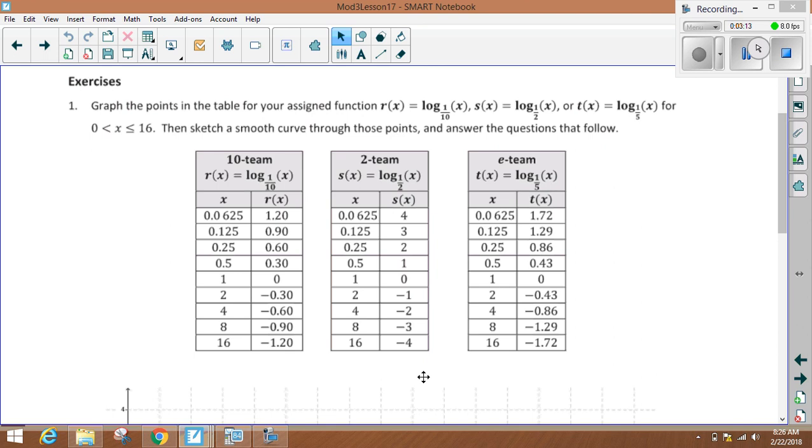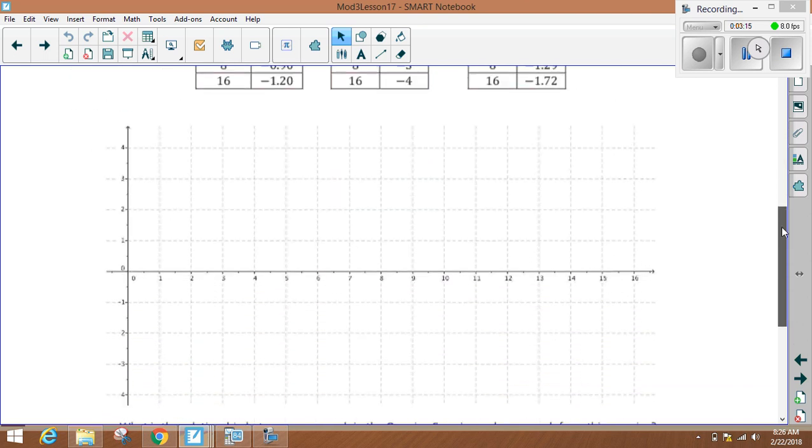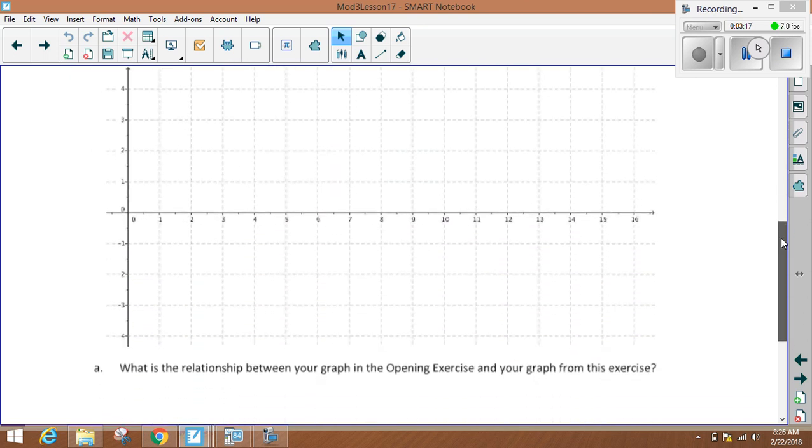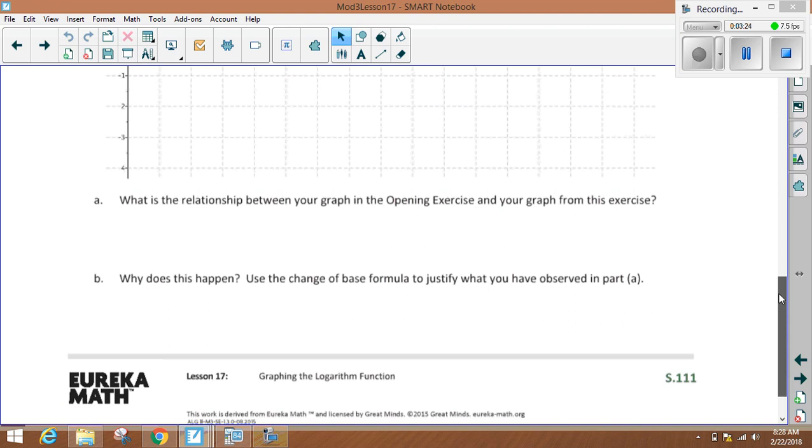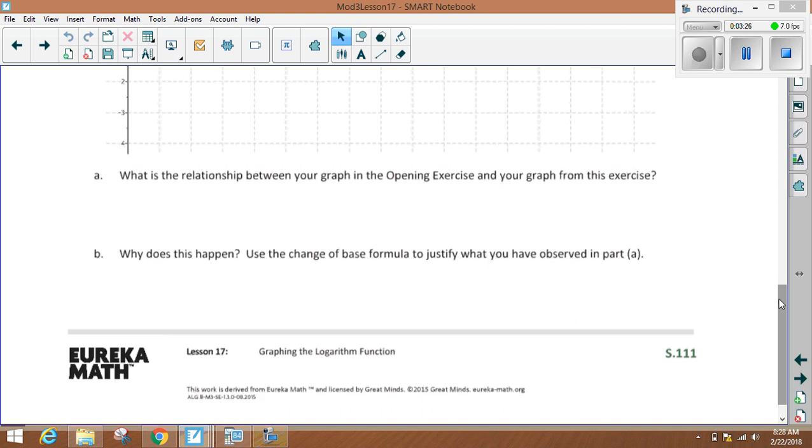So, take a moment to sketch those. Okay, so you should have those sketched, and let's go ahead and talk about the relationship. As we mentioned, we said that it was a reflection.